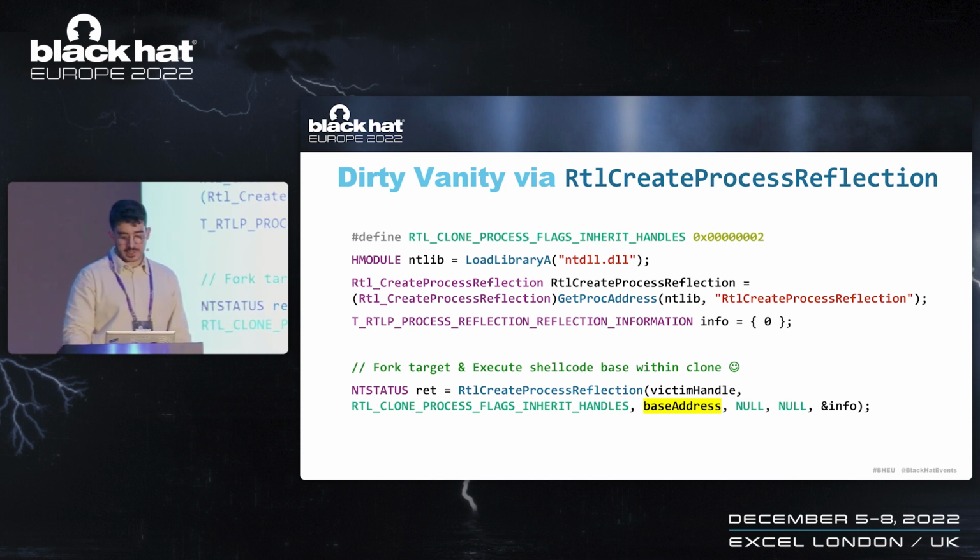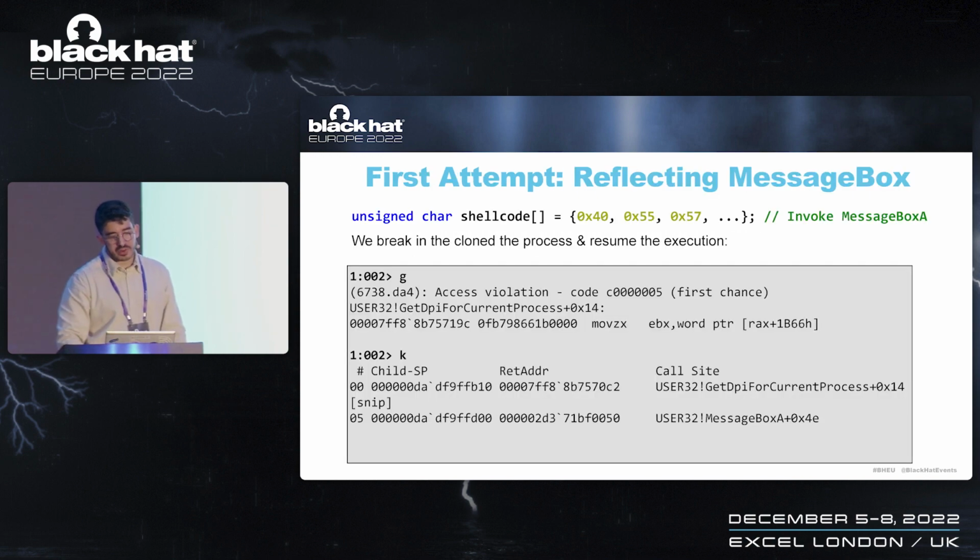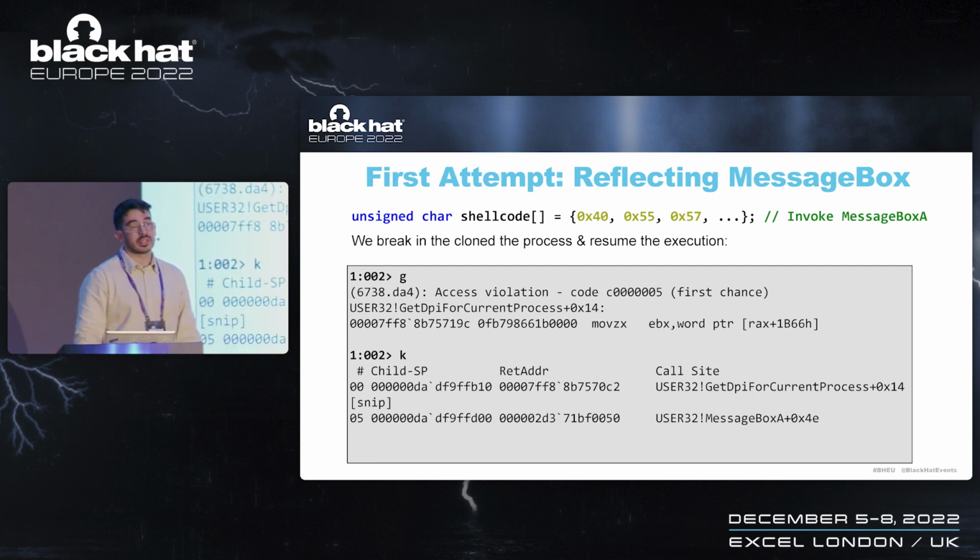So let's test this. My first attempt was reflecting a simple MessageBox shellcode. I bet you encountered those. It invokes MessageBoxA from the user32 DLL. When I break in the clone process and resume my execution, I got this disappointing screen of access violation, access denied. So let's check the call stack.